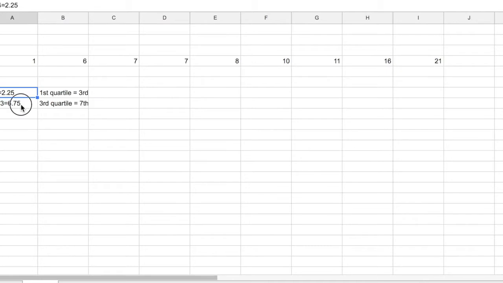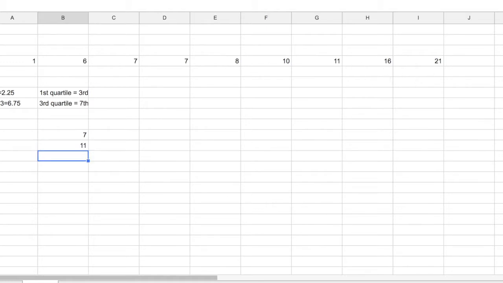When we get decimal values, and don't get an integer or a natural number, we always round up. So the first quartile is the third number, and the third quartile is the seventh number. The third number is 7, and the seventh number is 11.